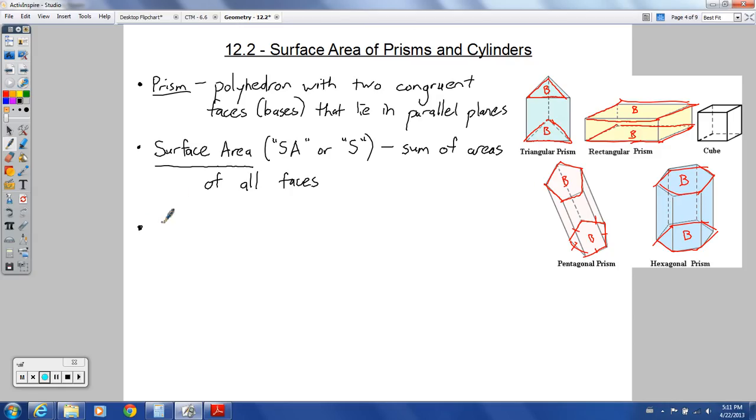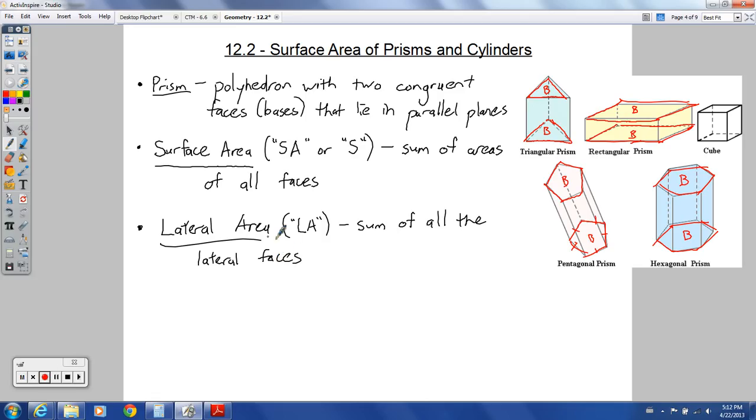And the lateral area, which we might refer to at times as LA or L.A., is going to be the sum of all the lateral faces, and by that I mean that no bases are included.